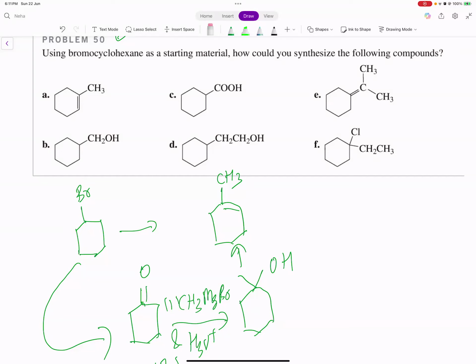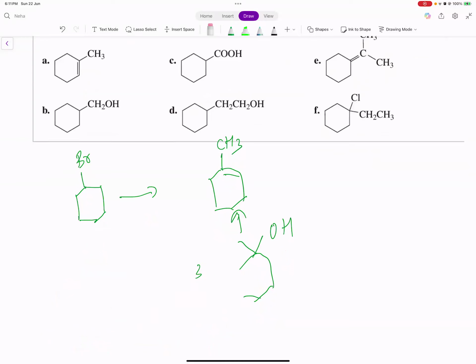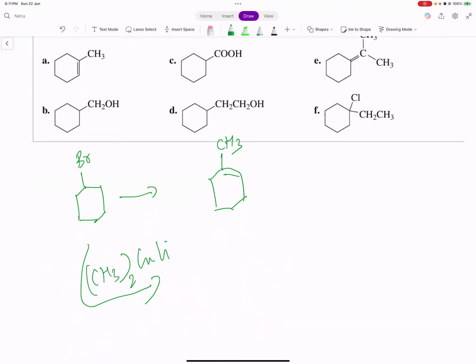Instead of this, we can directly add a methyl here. This is the most powerful reaction. So I will get this.